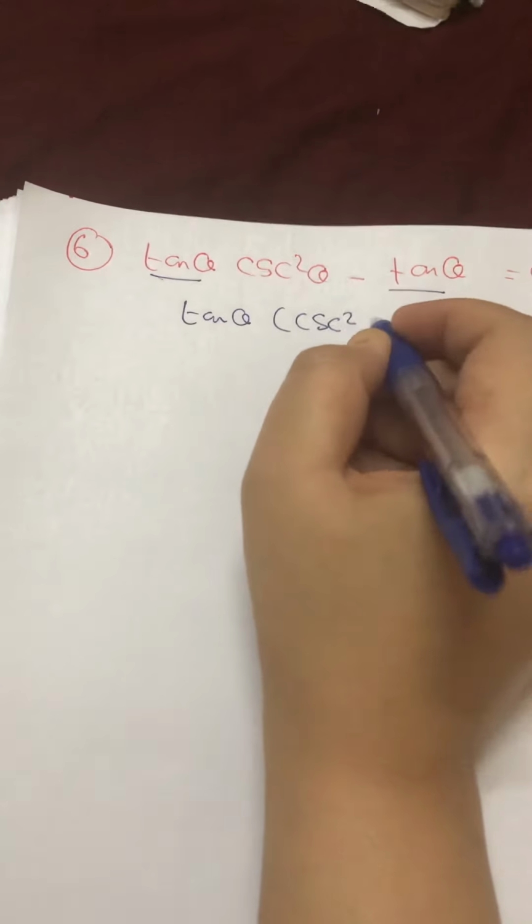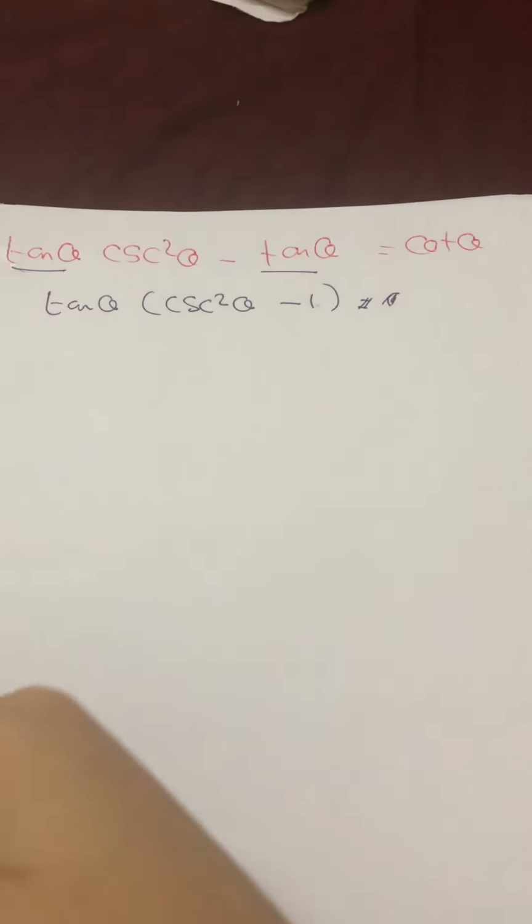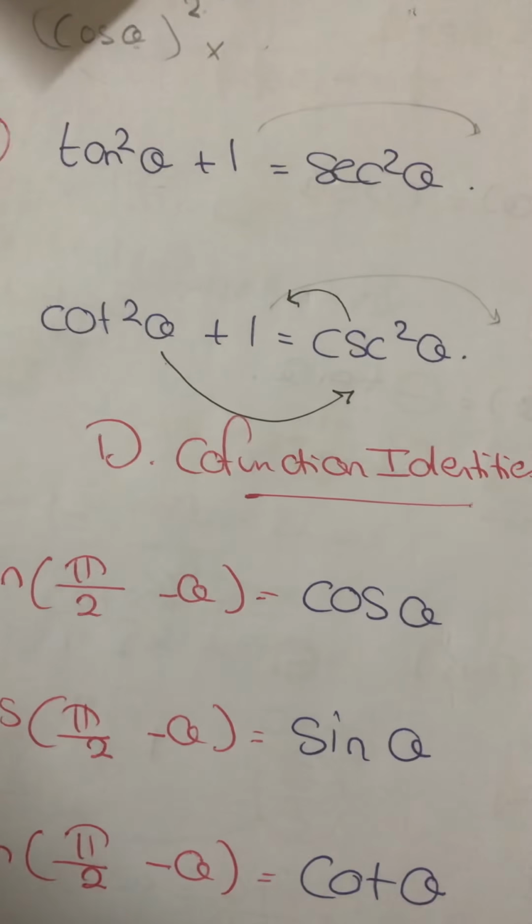I'll be left with cosec squared theta minus 1 equals to, I'm not going to add equals to cotan theta now. You can go equals to cotan theta all the time, but don't move cotan theta to the left side. I just want to prove that the left side is equal to the right side, okay? So cosec squared theta minus 1 is equal to cotan squared theta.